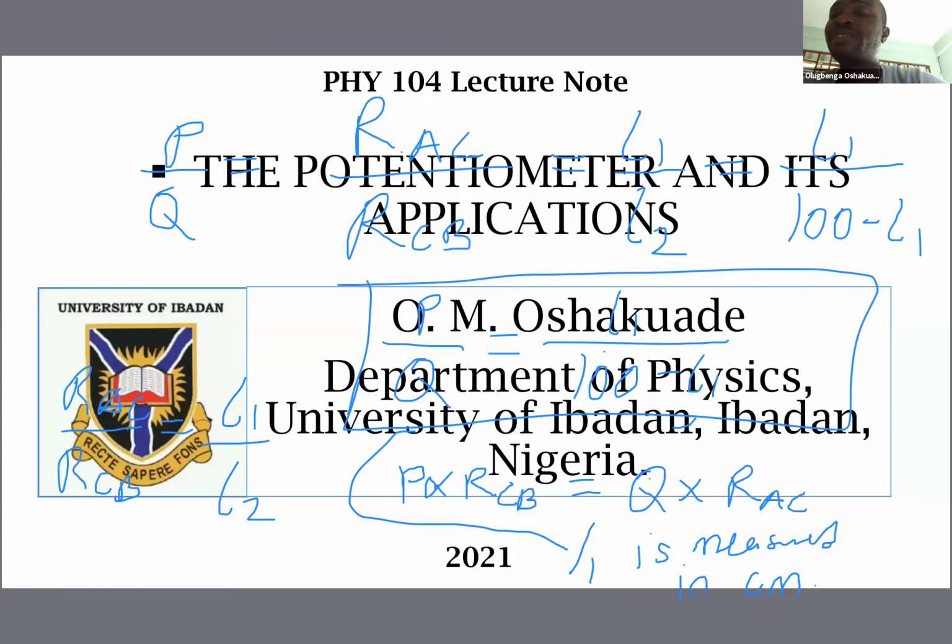I'm concerned about the potential difference across that resistor and the resistance of the resistor, and the current that will flow through it is potential difference over resistance. That's Ohm's law.